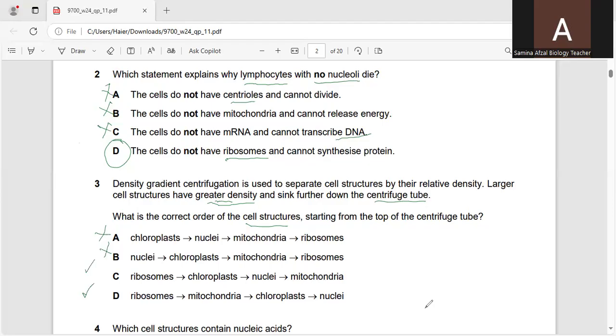And nuclei, they have chromosomes inside, so they are denser than all other cell structures. So according to this arrangement of density, D is the correct option. A, B, C are not correct options.